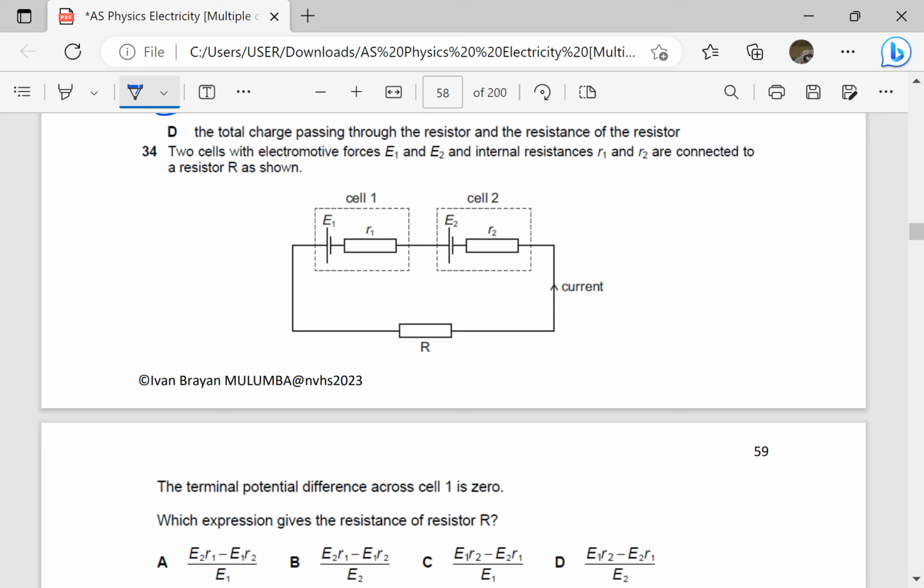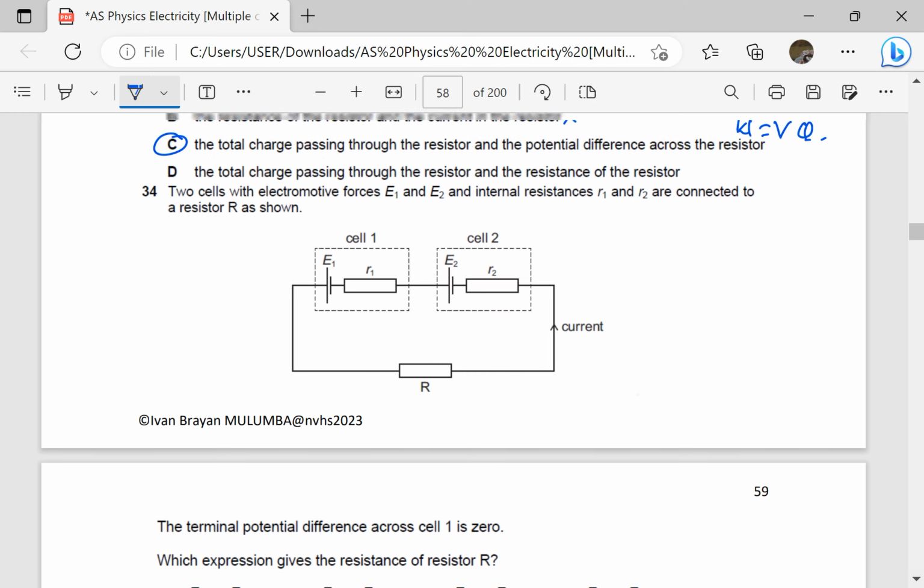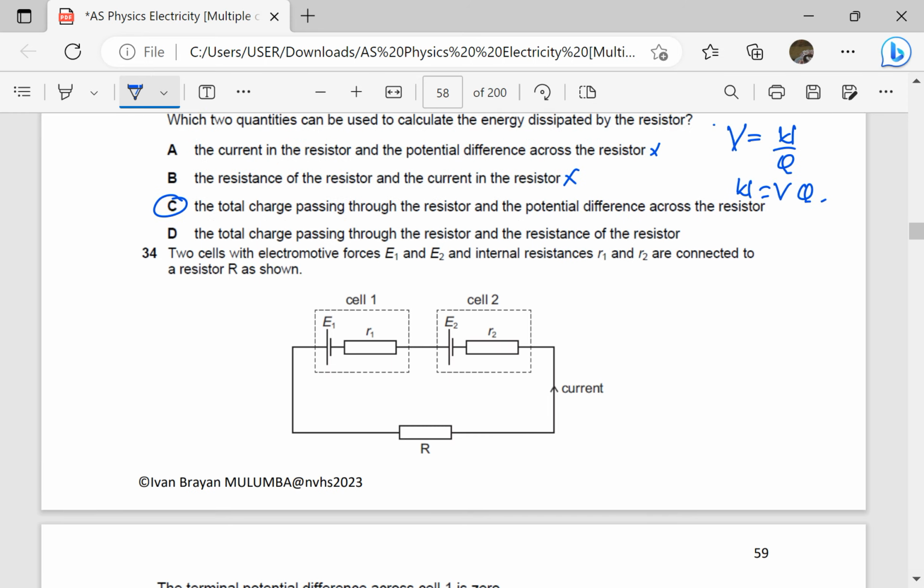Okay. So if the terminal PD across cell 1 is 0, we know that e.m.f. is equal to the terminal PD plus the lost volts. So it means the terminal PD across cell 1, I'll call it V1, is equal to, they have said it is 0, and is equal to the e.m.f., which is E1, minus the lost volts.